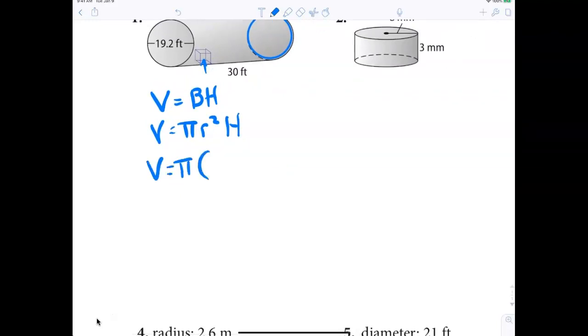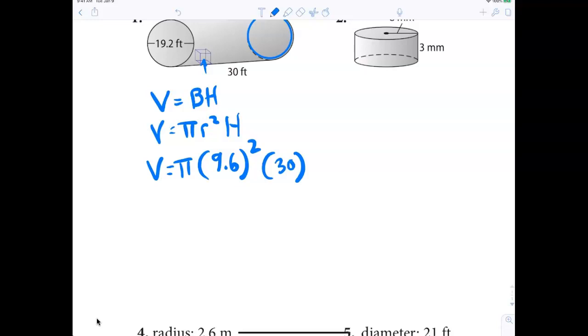What is the radius of the circle? Radius is 9.6. Yes, it is. 9.6 squared. And what's the height of the prism? 30. Beautiful.